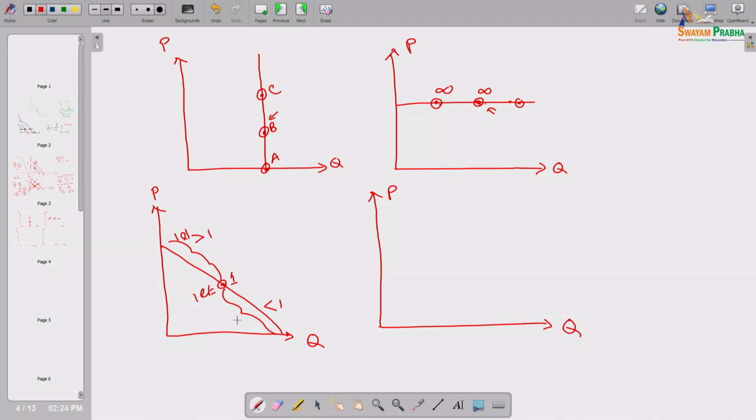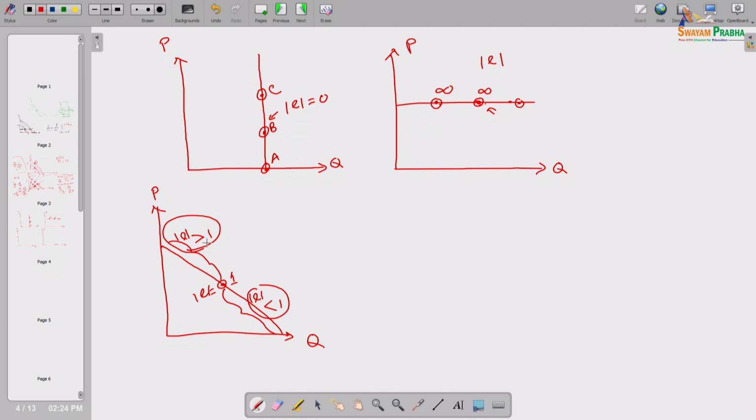When we say the absolute value is less than 1, it must be a fraction between 0 and 1, a positive fraction. In this other case it is also a positive fraction, but greater than 1.